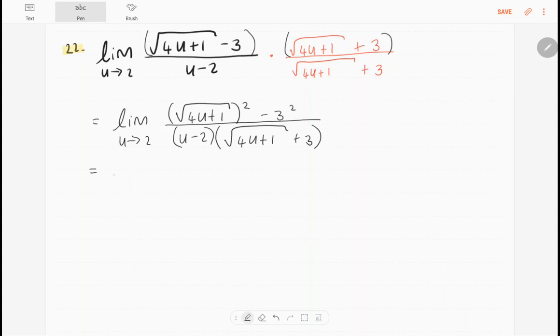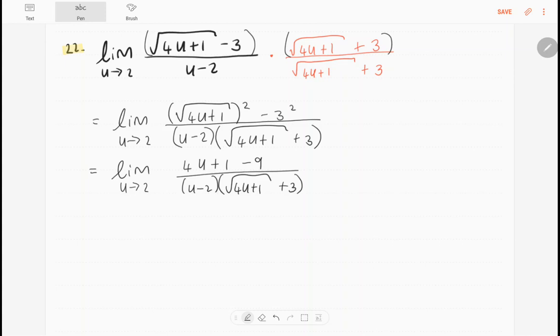Let's simplify the numerator a bit. So the limit as u approaches 2, and then we have 4u plus 1 minus 9 over u minus 2 times the square root of 4u plus 1 plus 3.